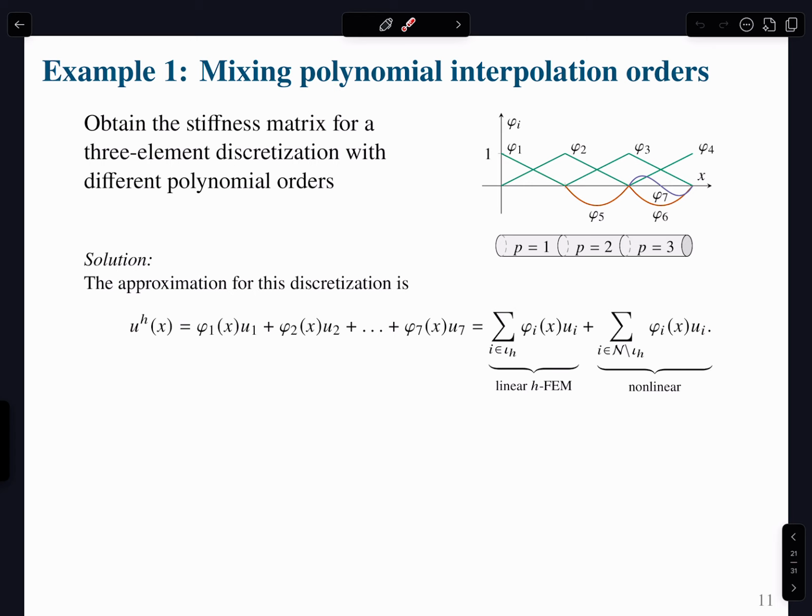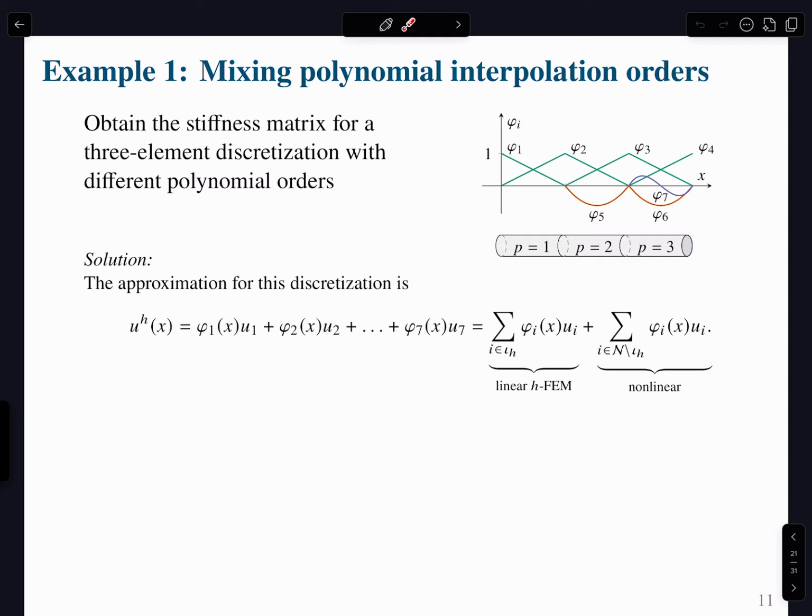I can say, well, this is going to be the sum of 2 terms, right? The first one is going to be comprised of only the linear shape functions. And notice, as this is a hierarchical approach that is building on top of 𝑝-FEM, that's why I say here, this is my linear 𝑝-FEM term. And then this one here is my nonlinear approximation.